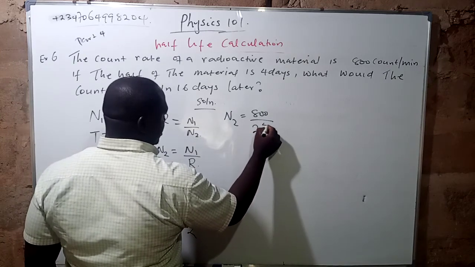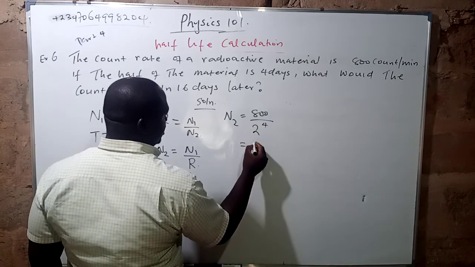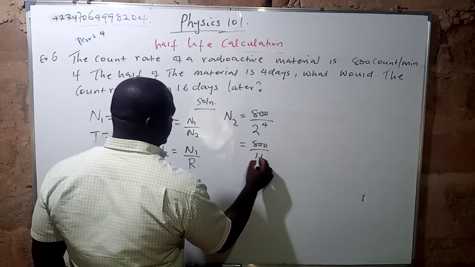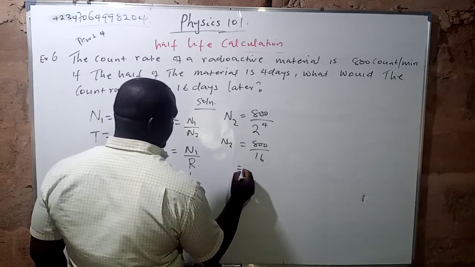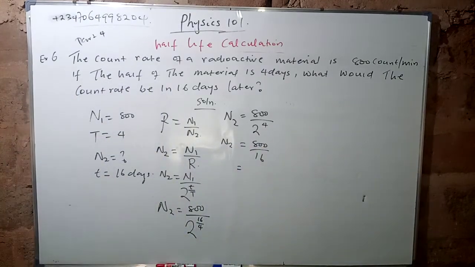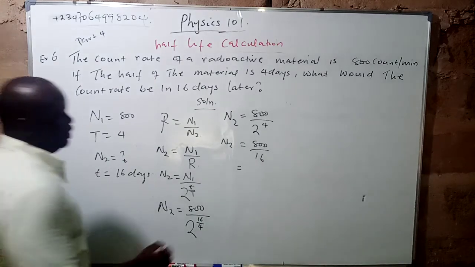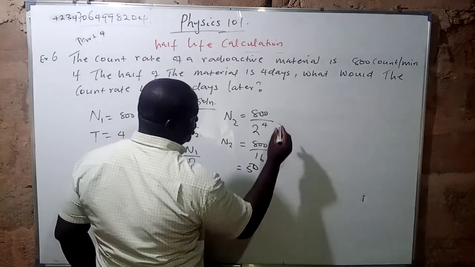So 2 raised to the power of 4 is 16. So here, this is 800 all over 16. 800 divided by 16 should give you 50. And your SI unit should be counts per minute.